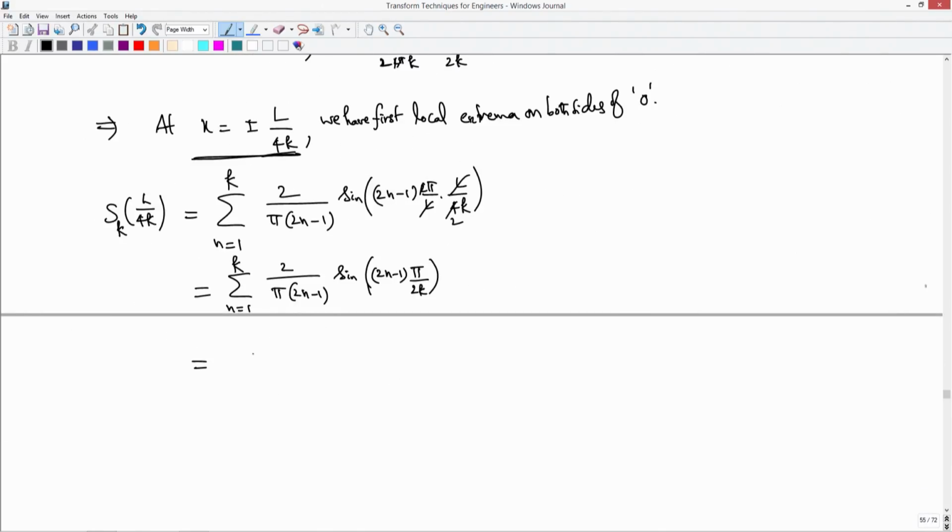This I will try to rewrite as a finite sum, n is from 1 to k, of sine of 2n minus 1 pi by 2k, divided by 2n minus 1 pi by 2k.